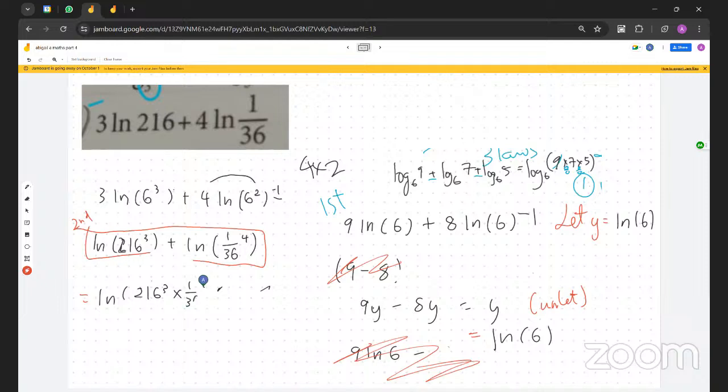You're applying it totally correctly. Press the calculator. I get 6.